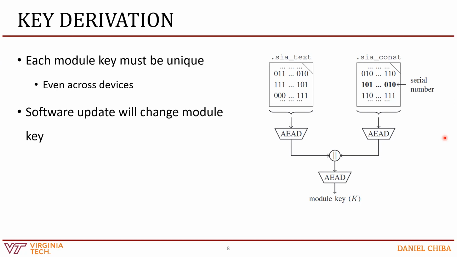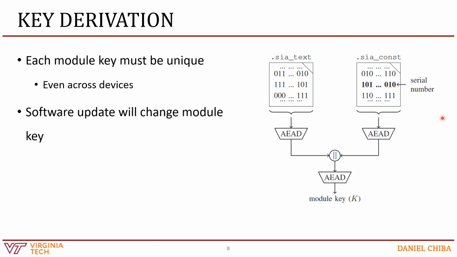The way this is achieved is you use as input the contents of the text and constant sections of your deployed program, and compute a MAC over them, and that's essentially your module key.